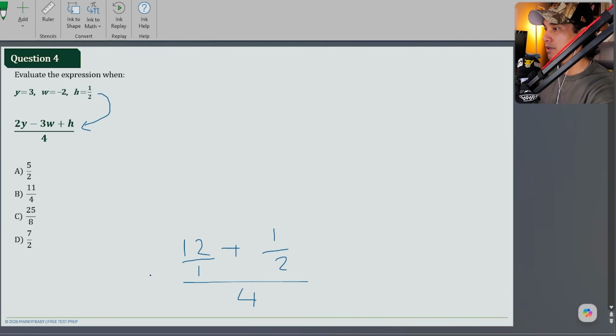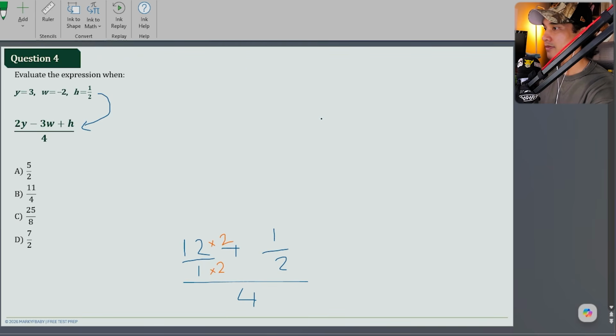In order to do that, I need to multiply this bottom number times 2. And whatever I do to the bottom, I must do to the top. So I also need to multiply this by times 2, and I'm just going to put an X there as multiply.